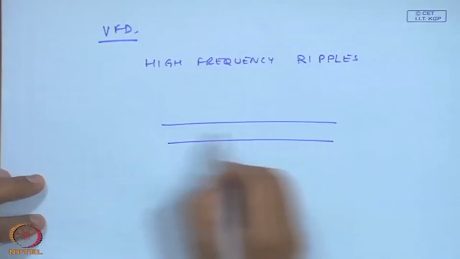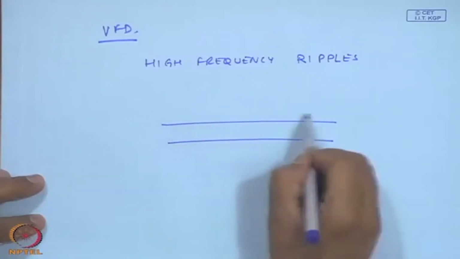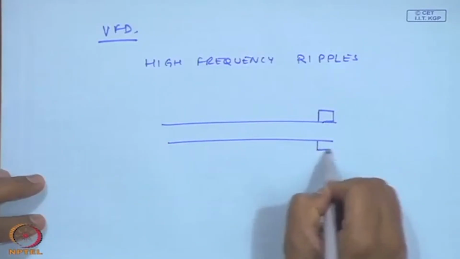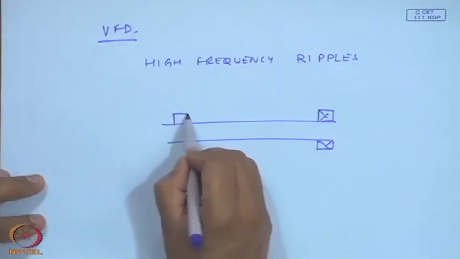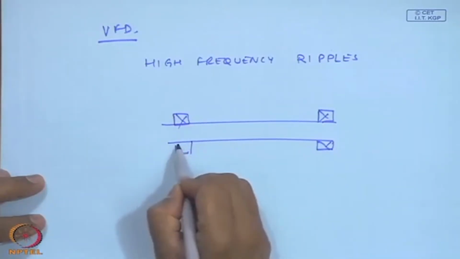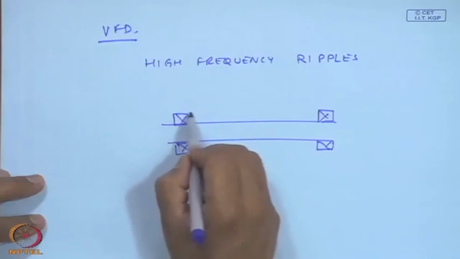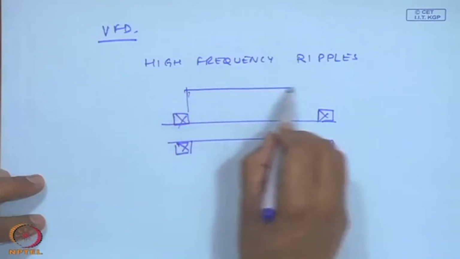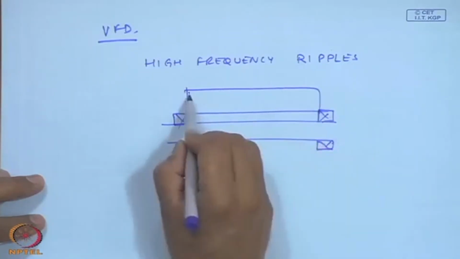I have this motor, it has a bearing, and this is the rotor here. I am just drawing one side.